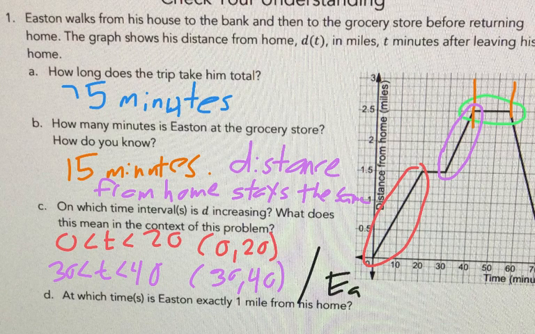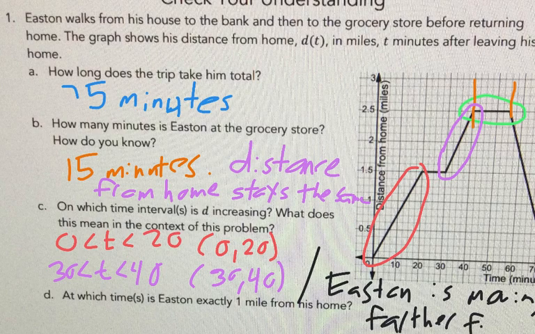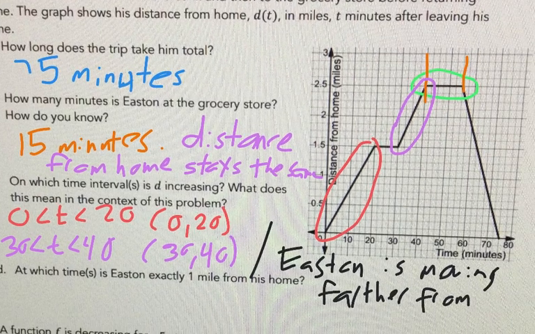Easton is moving farther from home. Questions there?